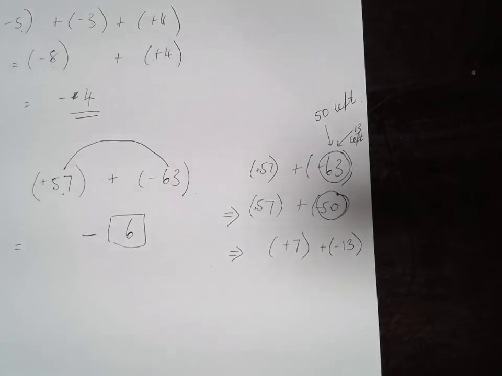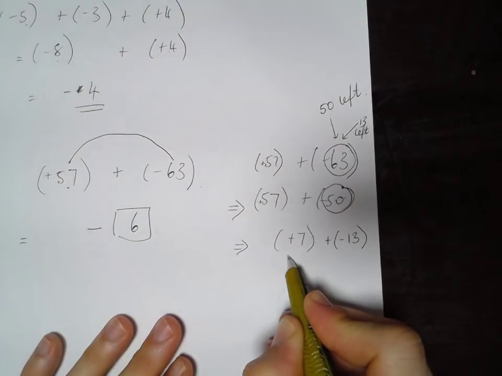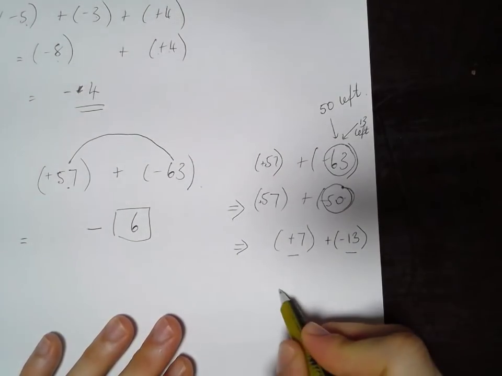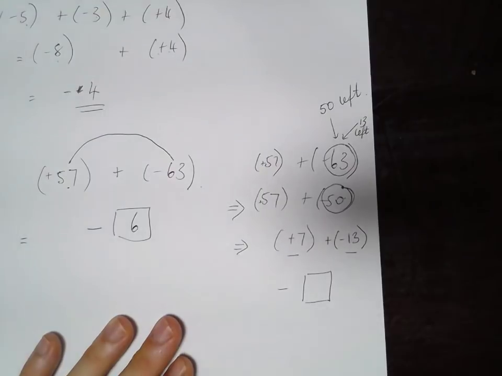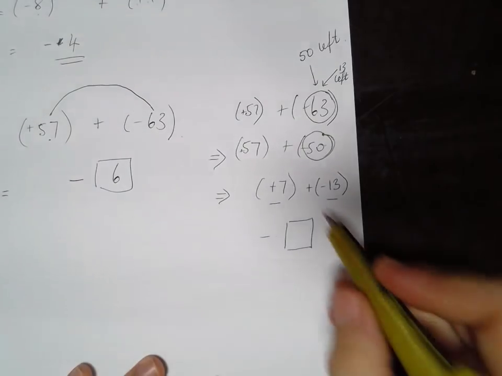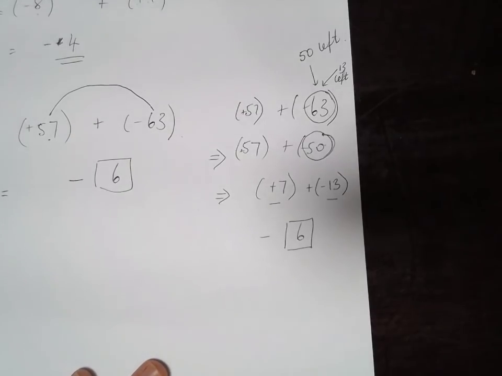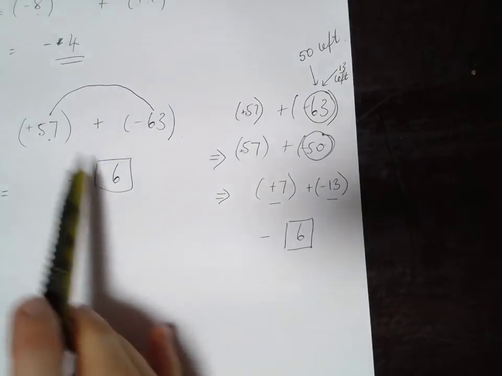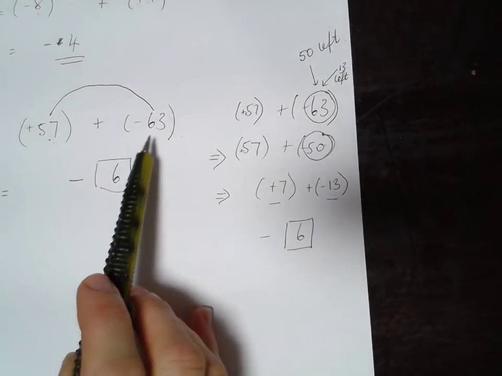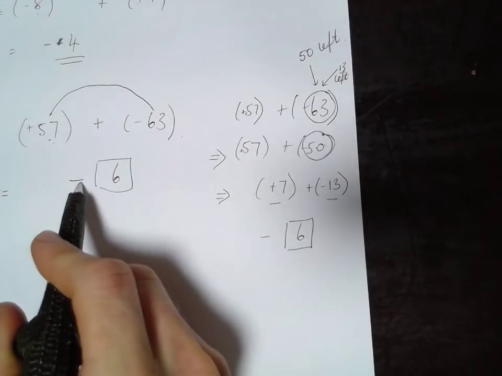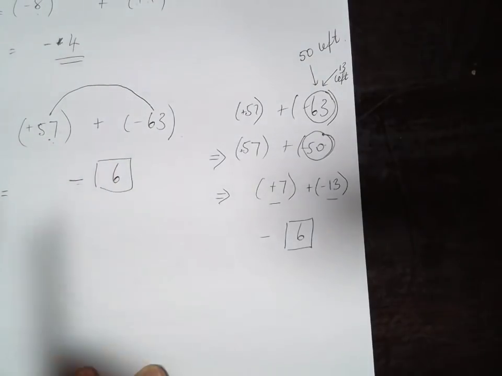Or again, you can say something like, I've got $7 and I spend 13, I have to be negative something, don't I? And again the difference between 7 and 13 this time is the 6. So you can do it this way. When you say, well, I've got $57 and I spend 63, I have to be in the negative zone. The difference between the 2 numbers is 6.